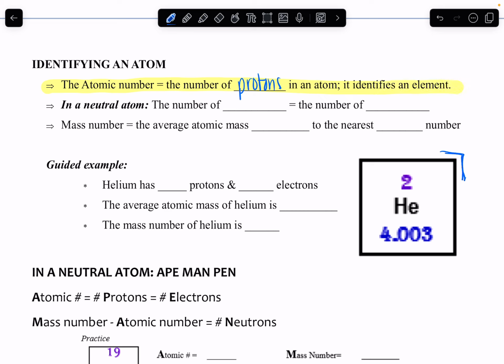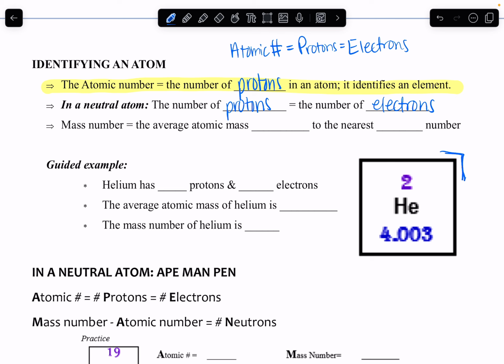Everybody has a unique social security number. In a neutral atom, the number of protons is equal to the number of electrons. So atomic number is equal to the number of protons, and it's equal to the number of electrons.